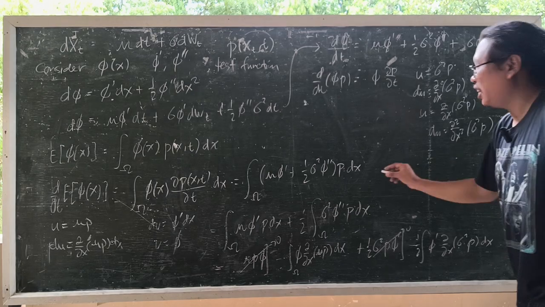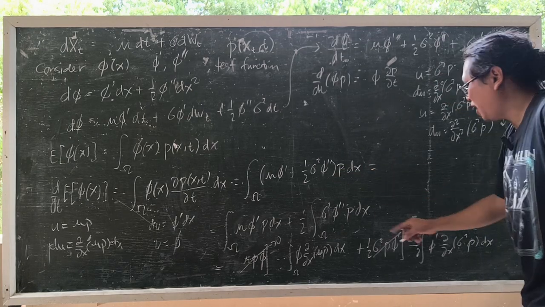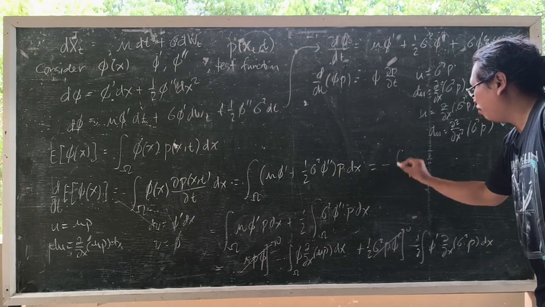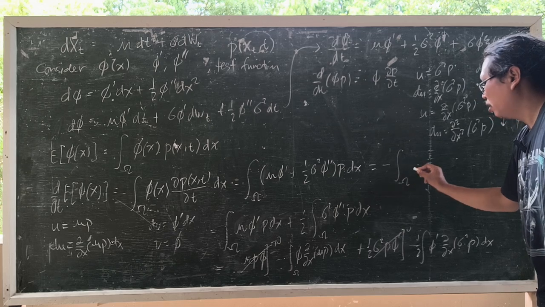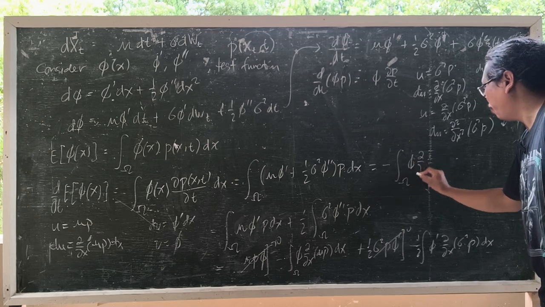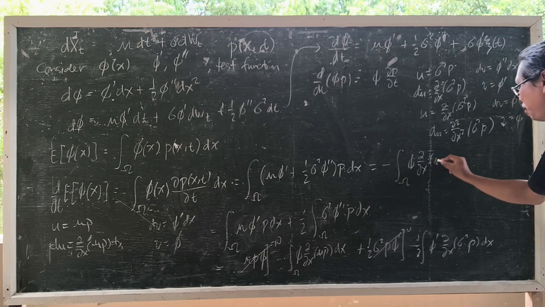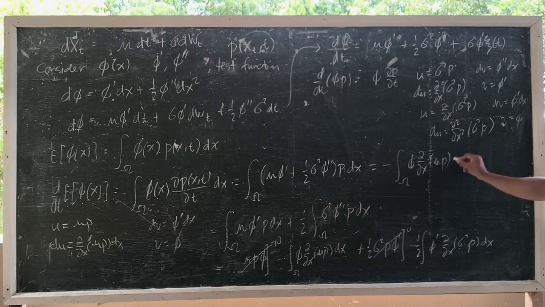So, at this integral now, this whole thing will be equal to negative of partial over partial x of mu p dx.